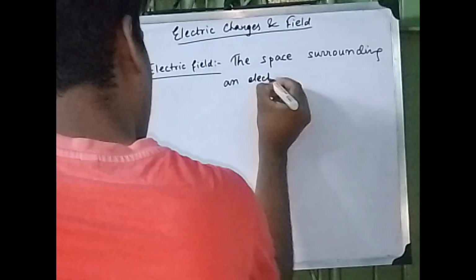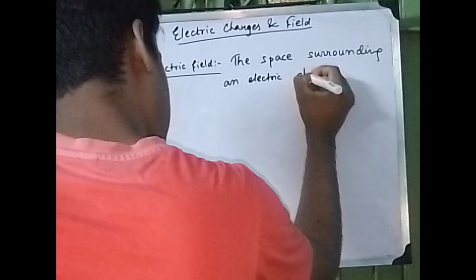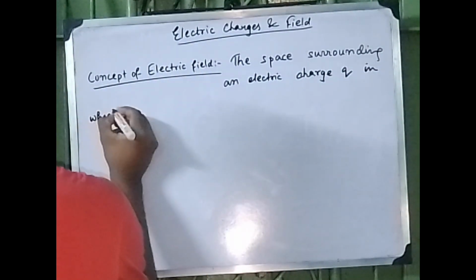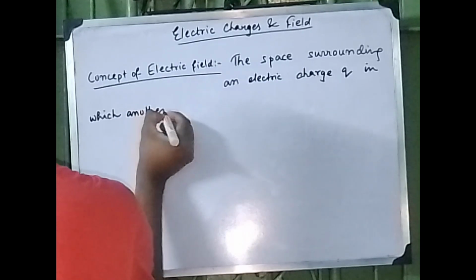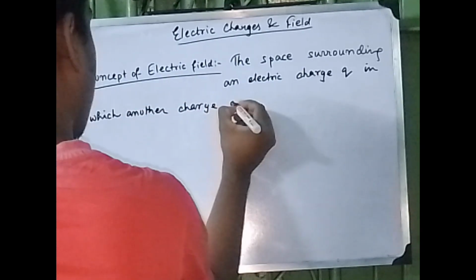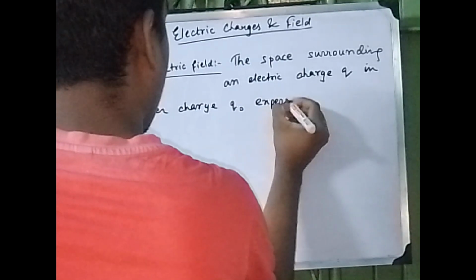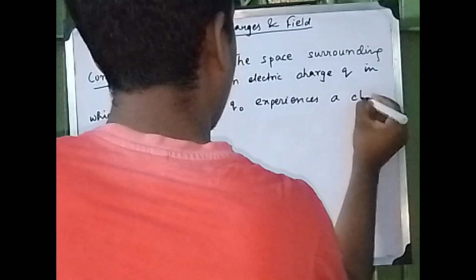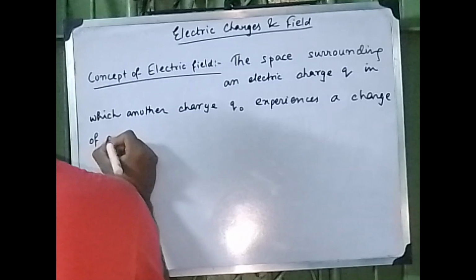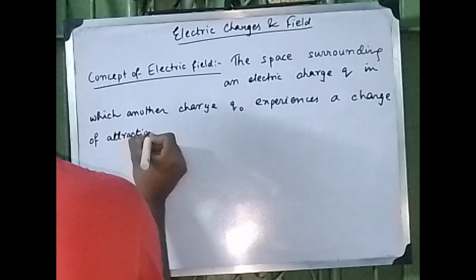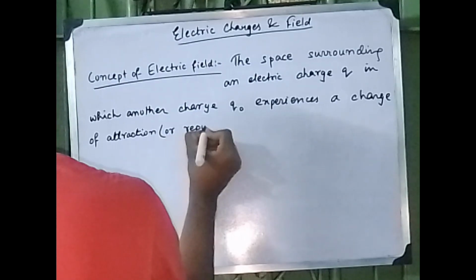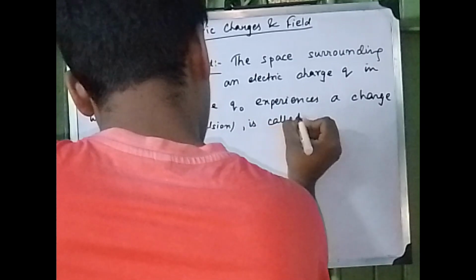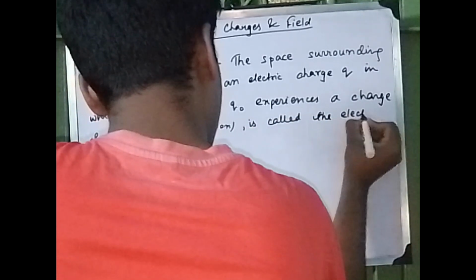The space surrounding an electric charge Q in which another charge Q naught experiences an electrostatic force of attraction or repulsion is called the electric field of the charge Q.